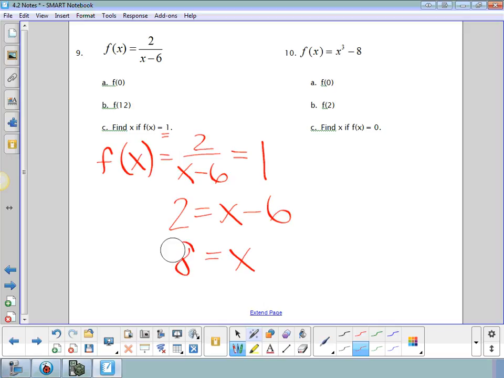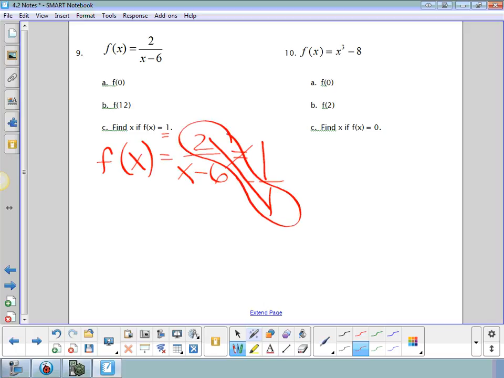The other way that you've probably heard of is called a proportion, and it's called cross-multiplying. When you have a fraction equal to a number, we've learned, I hope, that you put that number over 1 and cross-multiply. I've also heard it called peanut multiplication, because you circle these and you circle these, and they kind of look like peanuts.